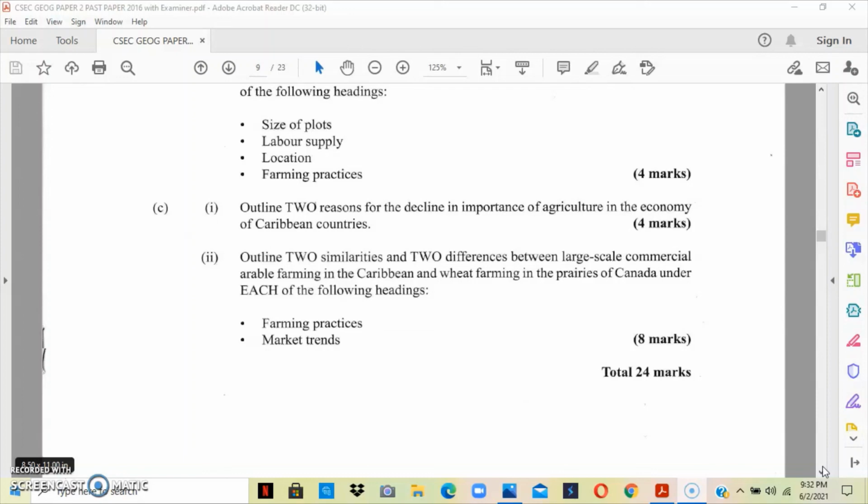Another farming practice is that Canada does farming extensively, while in the Caribbean we participate in intensive farming. Canada's farms usually extend to about 500 acres, while farming in the Caribbean is done on both large and small scale. So the amount of farmland in the Caribbean differs, so it ranges.